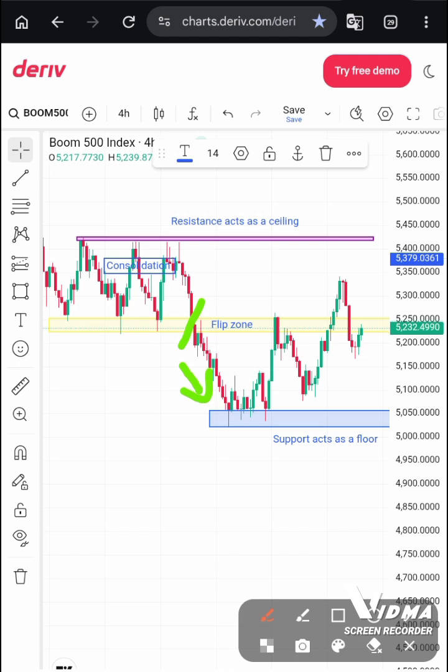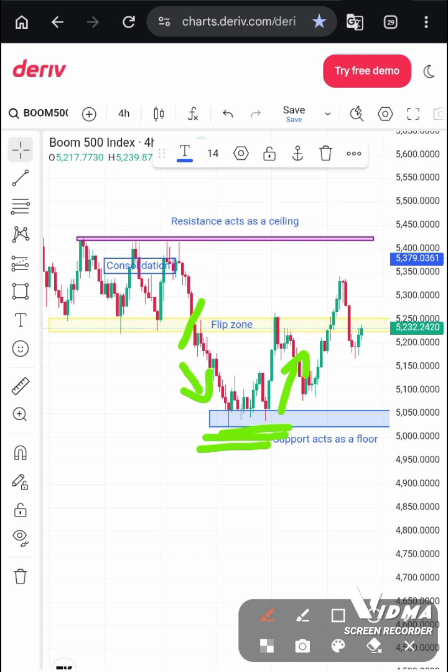So when it came here, it tried to go down, but it could not go down. So what does this mean? It means this level here is a support. We can say this one is a strong support, okay? Then price got pushed up, okay? But remember our flip zone.